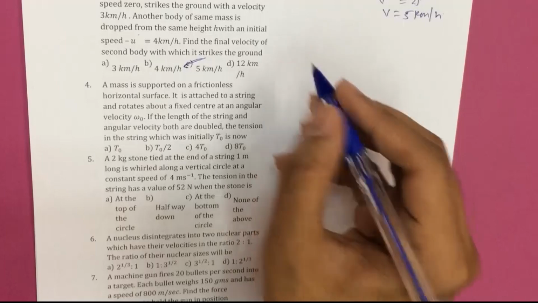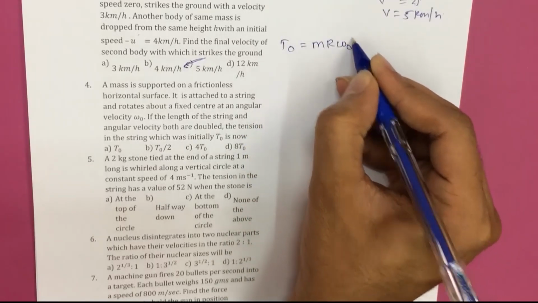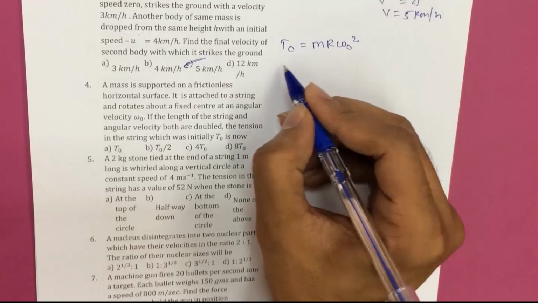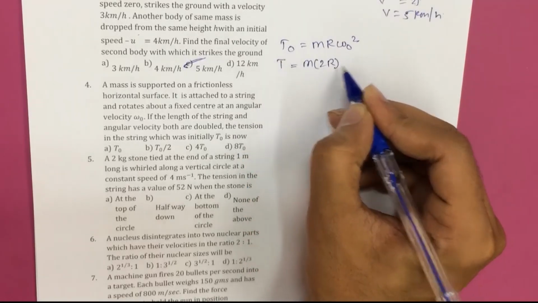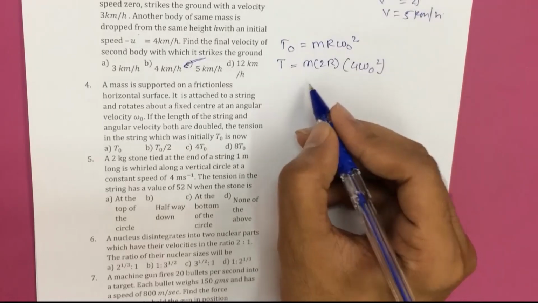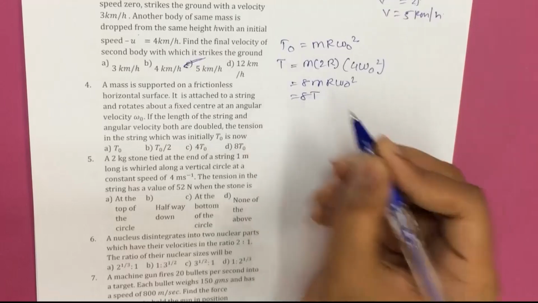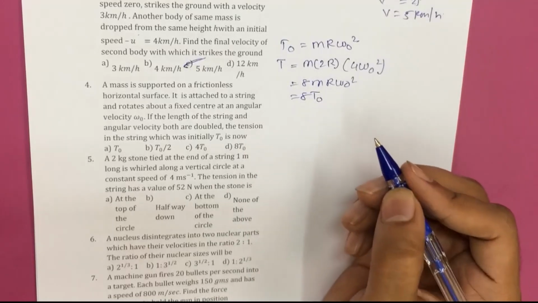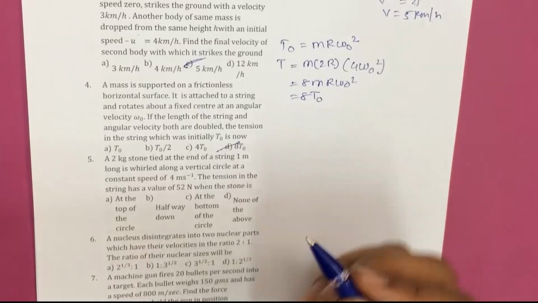Now tension in the string T0 will be m r omega 0 square. Now the new tension T would be m, radius becomes twice, 4 omega 0 square, which basically becomes 8 times m r omega 0 square, which is 8 times your initial tension. So your correct answer here would be option D, 8T0.